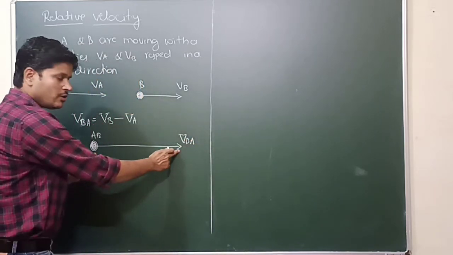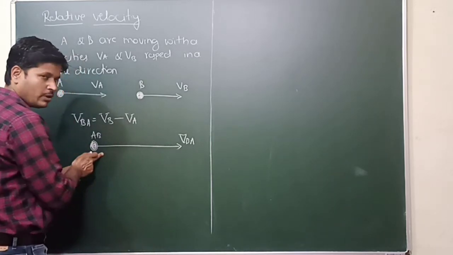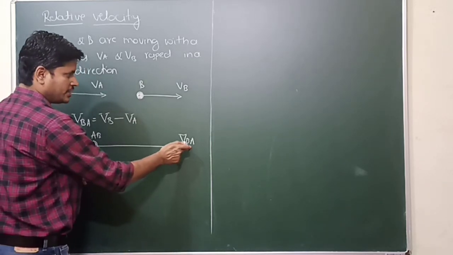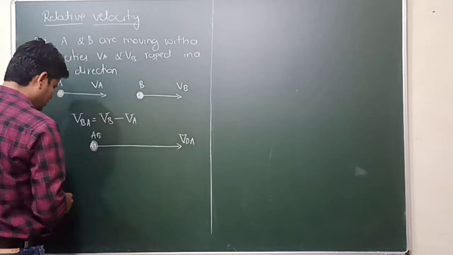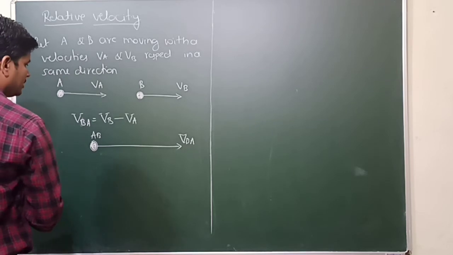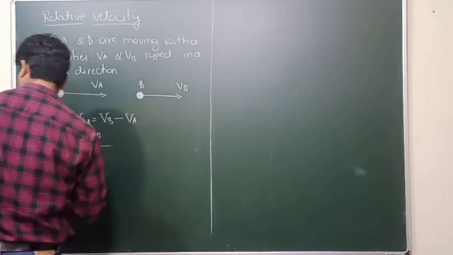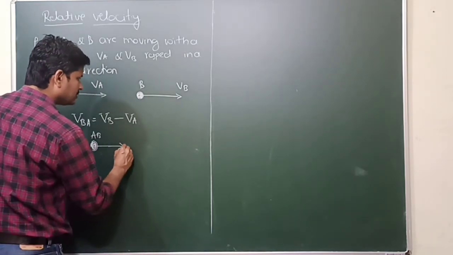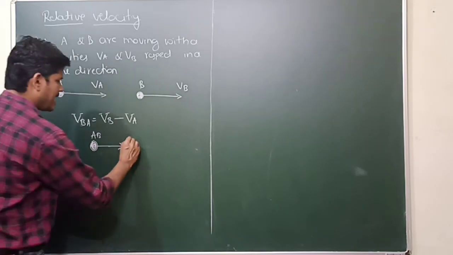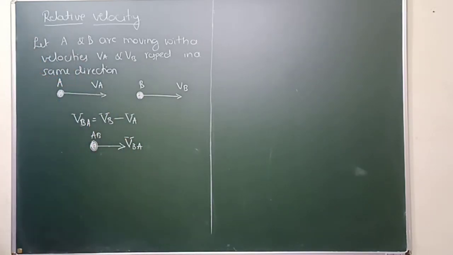What is the tail of this arrow representing? The magnitude value. When you add this, you will get this one, not this one. It reduces somewhere like this. Okay, this is VBA. Is it right? Correct.